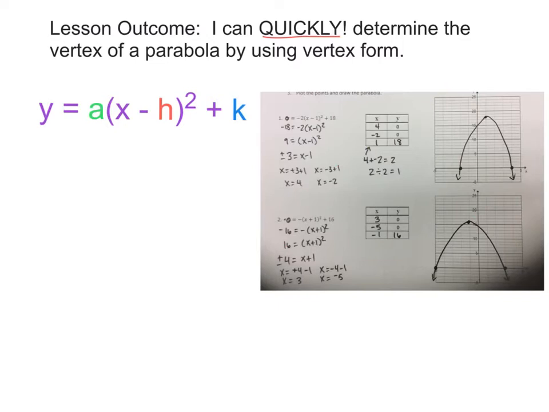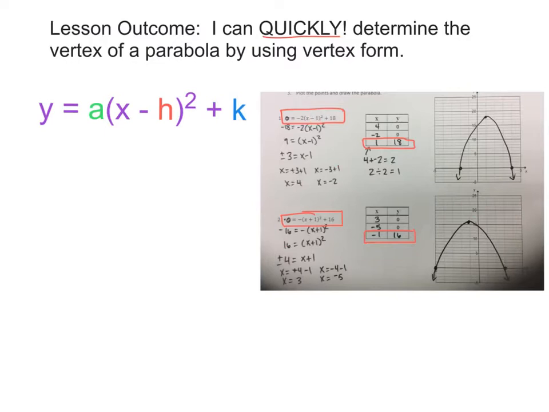Well, what I would like you to do right now is take a look at this vertex and this vertex of these two examples and compare that with the original equation. Do you notice anything? What I hope you notice is that this 1 and this 18 show up in our equation.